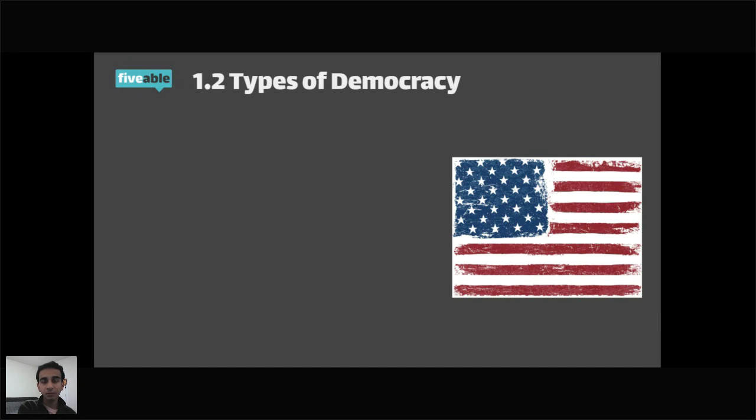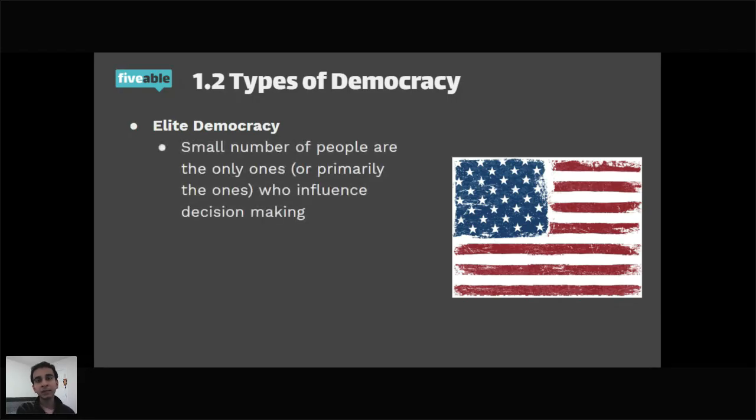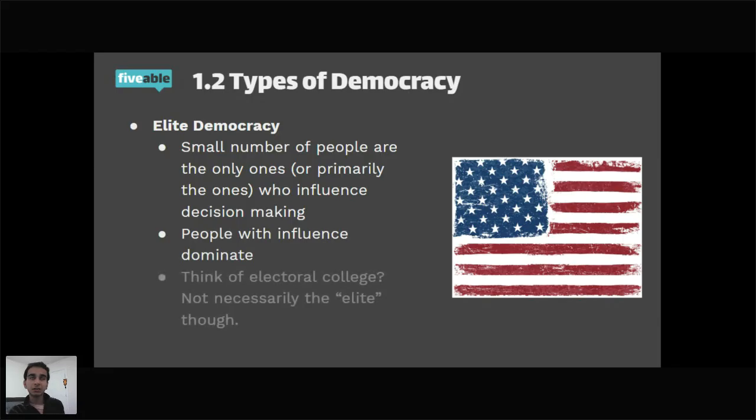Okay, so continuing on with the types of democracy, the next type of democracy is the elite or elitist type of democracy. Basically, it's when a small group of people makes decisions for a large population. So generally, the people that are making these decisions are people with influence, people that are wealthy, stuff like that. This is almost something you can think about as the electoral college.